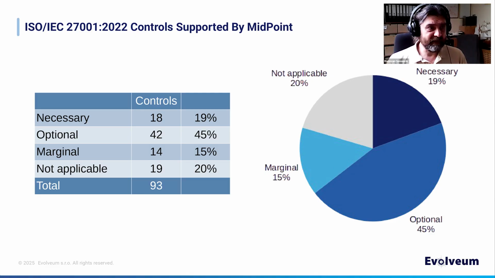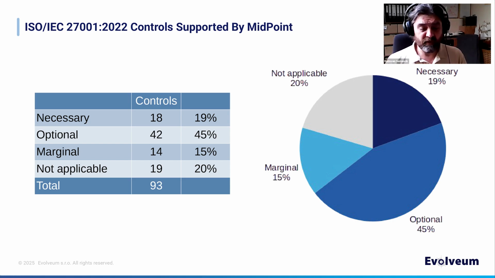Our evaluation resulted in a description of how MidPoint features can help with regulatory compliance, and you can pretty much see that more than half of the ISO 27001 controls can be supported by MidPoint. 19% of these controls, which means 18 controls, are ones where deployment of MidPoint or a similar technology is necessary.